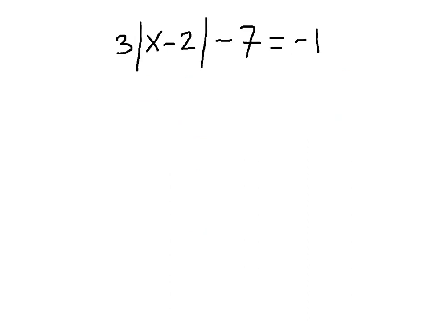Our final example tells us 3 times the absolute value of x minus 2, minus 7, is equal to negative 1. Now, once you look at this, according to our last slide, we never want an absolute value to be equal to a negative number.